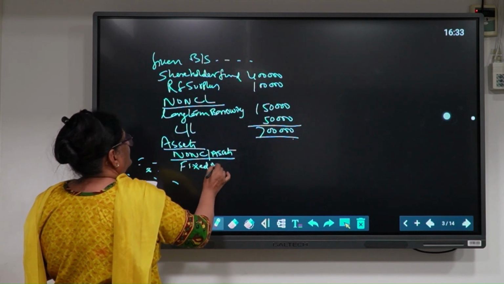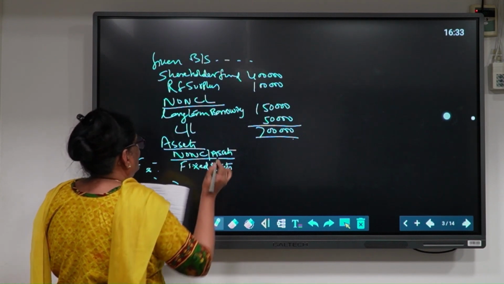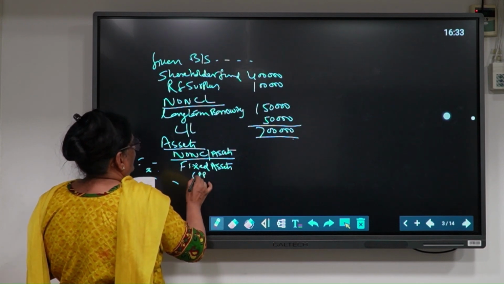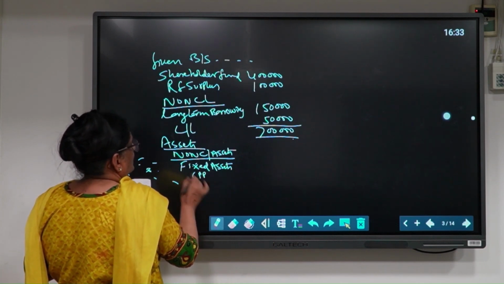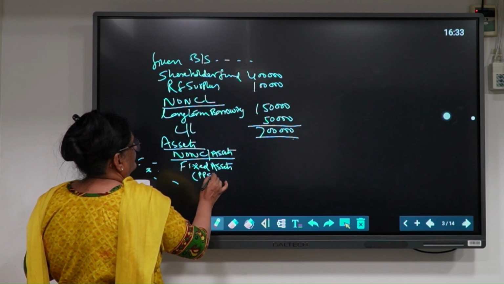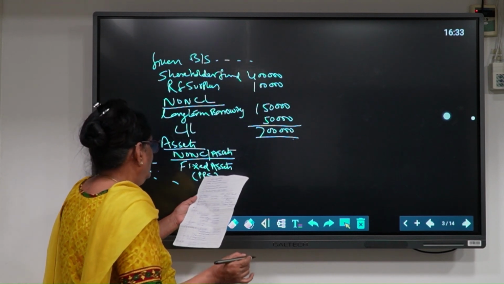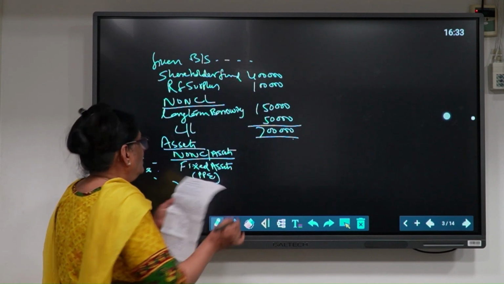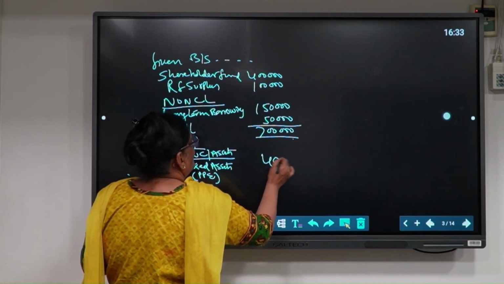Till now we have not changed in the books. When we are doing company accounts, PPE will call us, property, plant and equipment. So 4 lakhs are given to us.